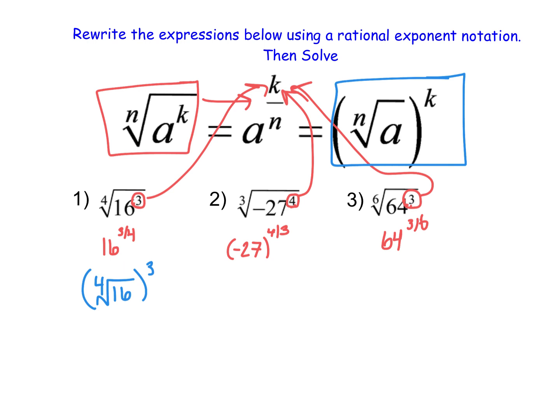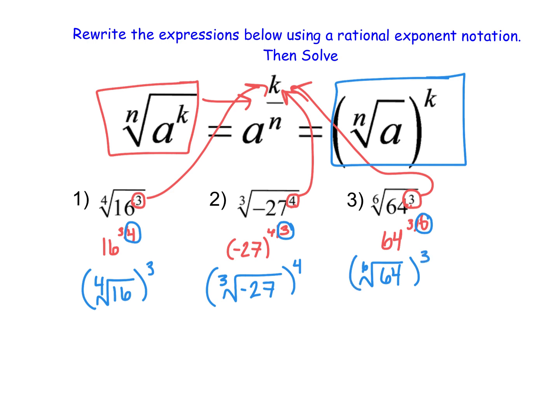Here this becomes the 3rd root because the root is in the denominator. The 3rd root of negative 27, then take that to the power of 4. And then here I have the 6th root of 64, all raised to the power of 3.